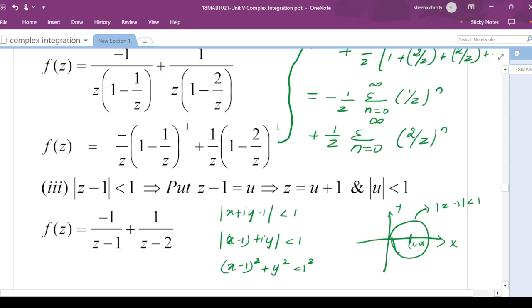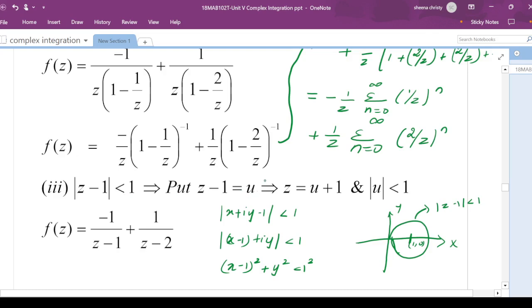In this case, to get the series in a simple manner, you are going to do some substitution. What is that substitution? Put z minus 1, that is z minus a, equal to u. So z will become u plus 1. We know that modulus of z minus 1 is less than 1.